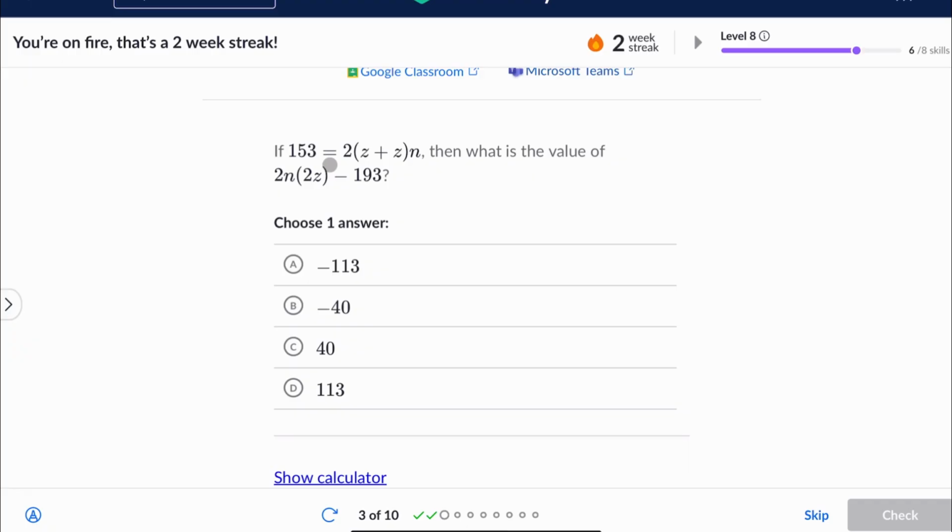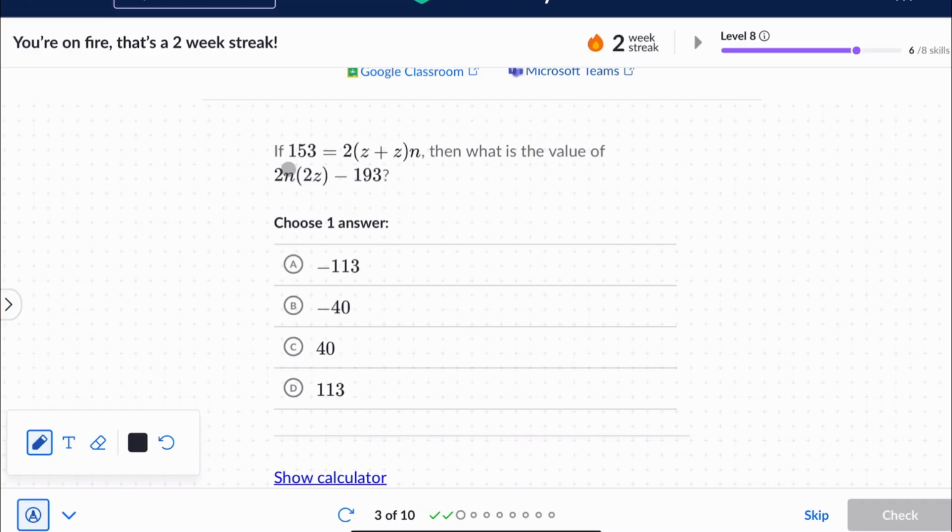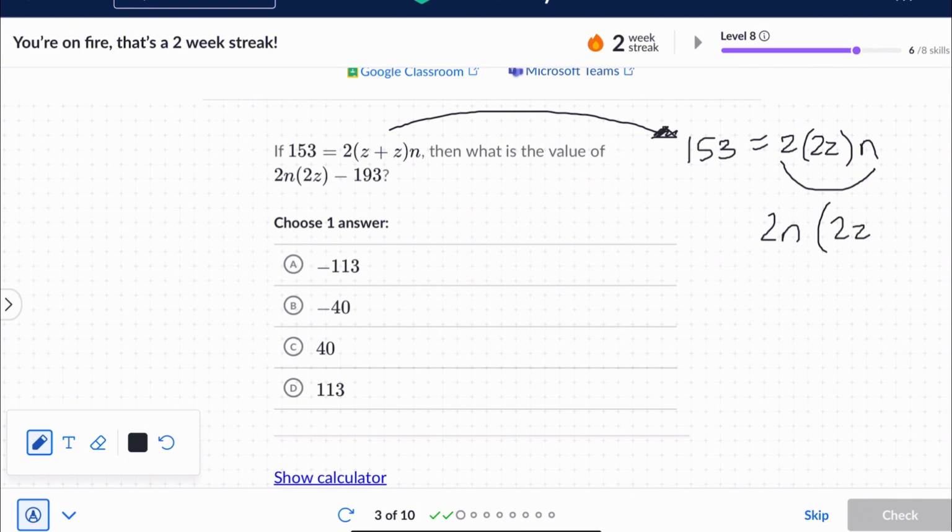If 153 is equal to 2 times the quantity Z plus Z times N, then what is the value of 2N times the quantity 2Z minus 193? So let's simplify this first equation first, because I can see that we can, looking at the Z plus Z. So it can simplify to 153 is equal to 2 times 2Z times N. And so 2 and N would multiply to each other, 2Z N is equal to 153.